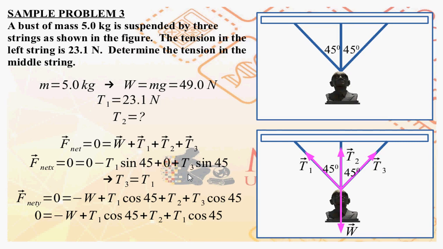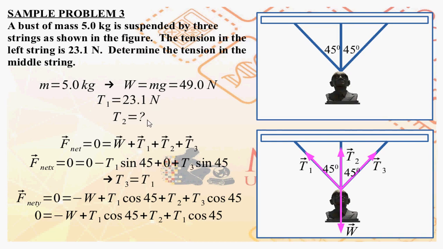So plus T3 sine 45. The X component tells us that the magnitude of T3 is just the same as the magnitude of T1. And we know T1 to be 23.1 newtons. So we got an answer for the X component, but this is not what we are looking for.